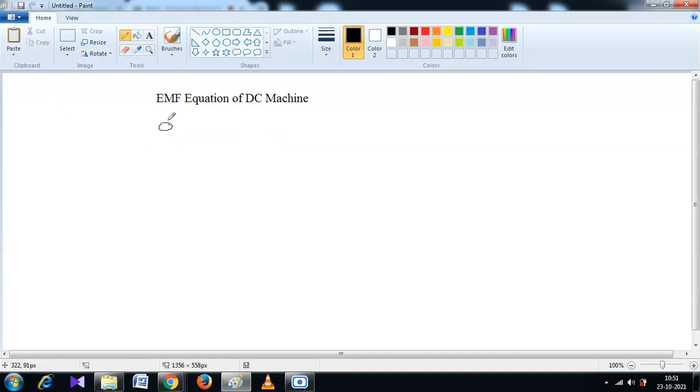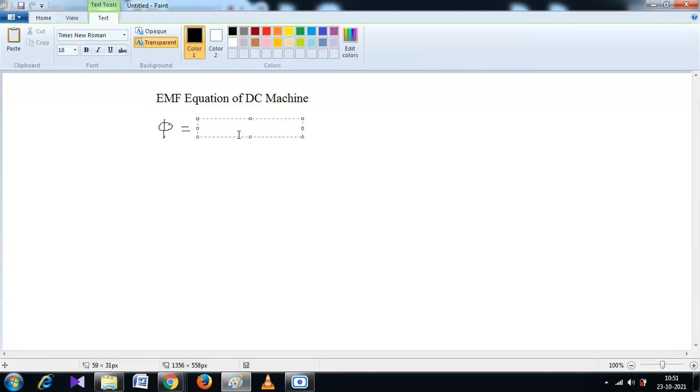Phi is the useful flux per pole. That means a pole is producing a flux of quantity phi.